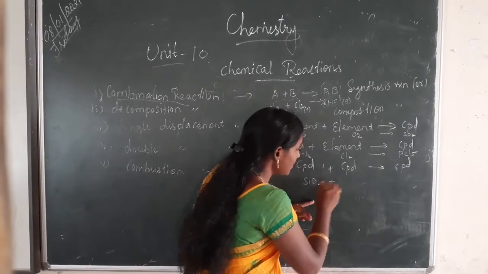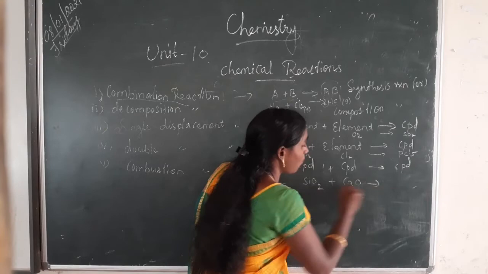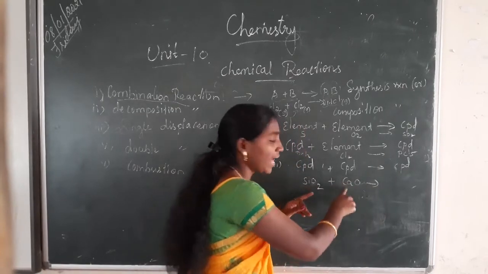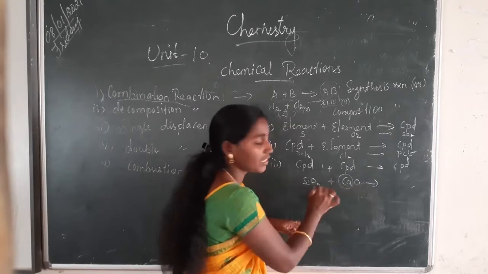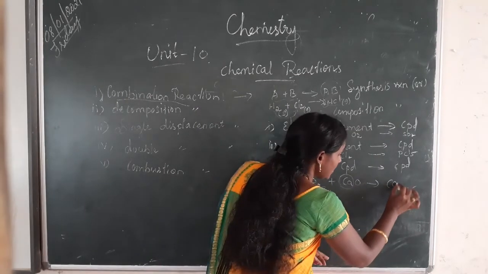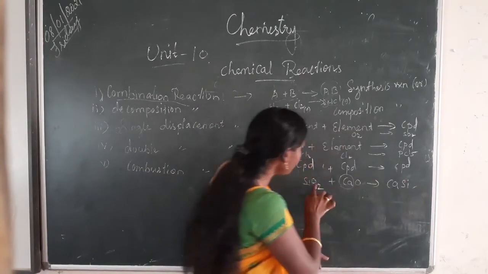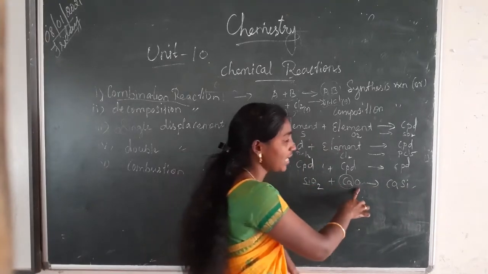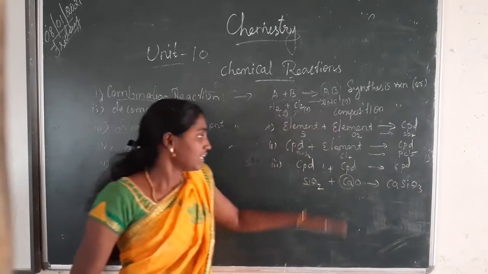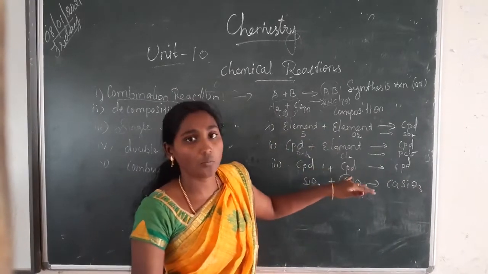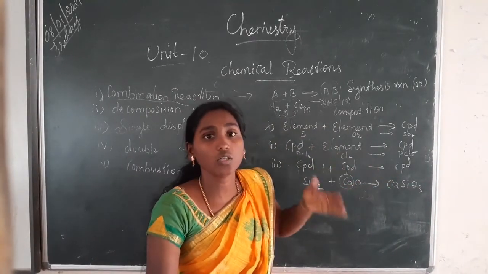Then the silica combines with calcium oxide to form calcium silicate. So we write calcium, silica, and then the oxygen: 2 oxygen and 1 oxygen, so 3. CaSiO3 is calcium silicate.